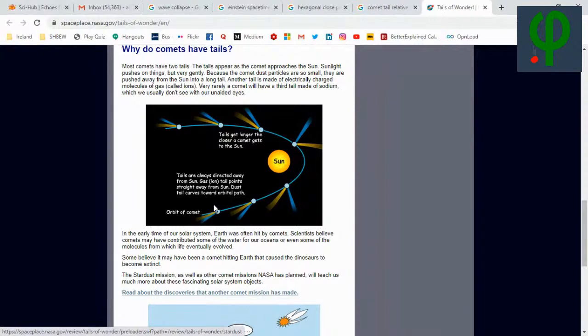Yeah, but that's interesting. I've not seen that the comet actually has two tails like that. Why do comets have tails? Why do they have two tails? I've never seen that before. Yeah, I knew, but I didn't know about one being curvy and one being straight. I found that really cool. Yeah, you could really see that in that picture that you had there.